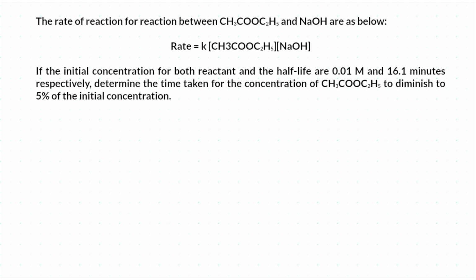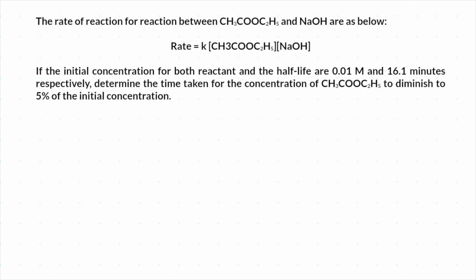The rate of reaction for the reaction between ethyl acetate and the sodium hydroxide are as below. If the initial concentration for both reactants and the half-life are 0.01 molar and 16.1 minutes respectively, determine the time taken for the concentration of ethyl acetate to diminish to 5% of its initial concentration.